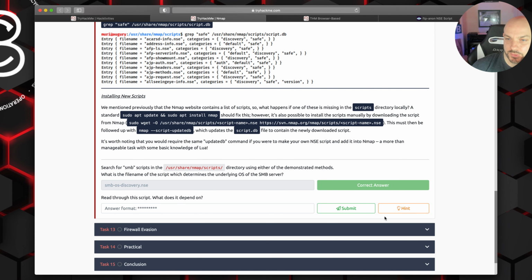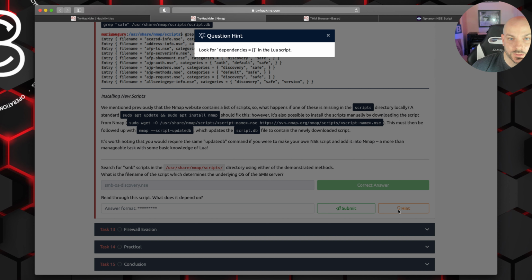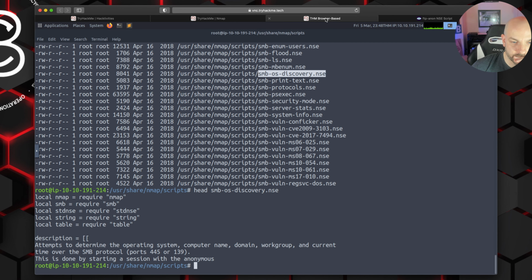See what the hint says. Look for dependencies in those brackets. Did I? Maybe I didn't get the whole file. Let's see.